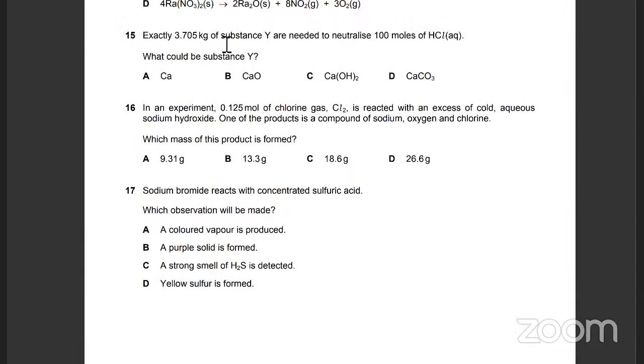So there's 3.705 kg of substance Y needed to neutralize 100 moles of HCl. So it's a time-consuming question. It's 100 moles of HCl, right? In all cases, with calcium, it's going to be 2:1. So this is all going to be 50 moles.